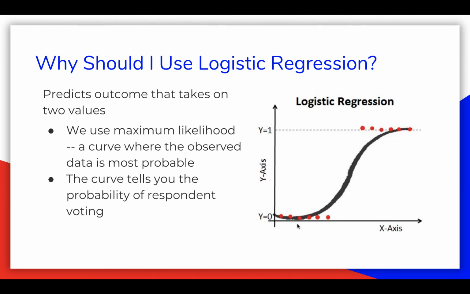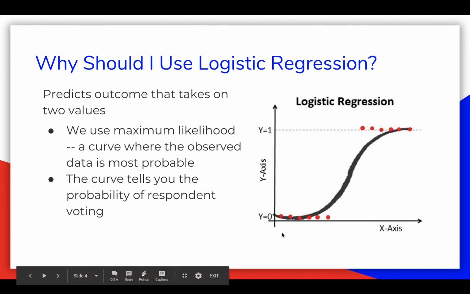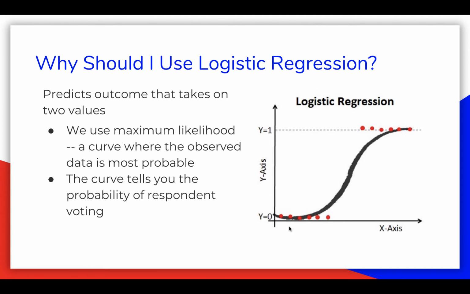It's not exceeding the bounds of our data. It's not saying there is a predicted probability of negative 0.15 or 1.15. We're only seeing estimates within the bounds of our two values.